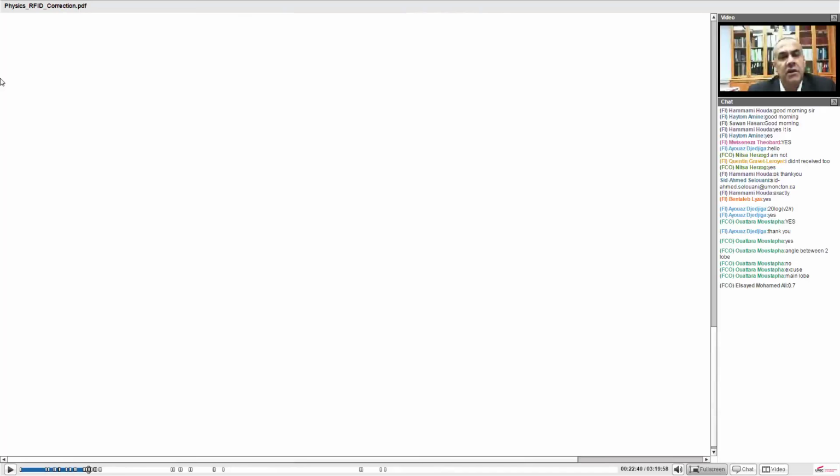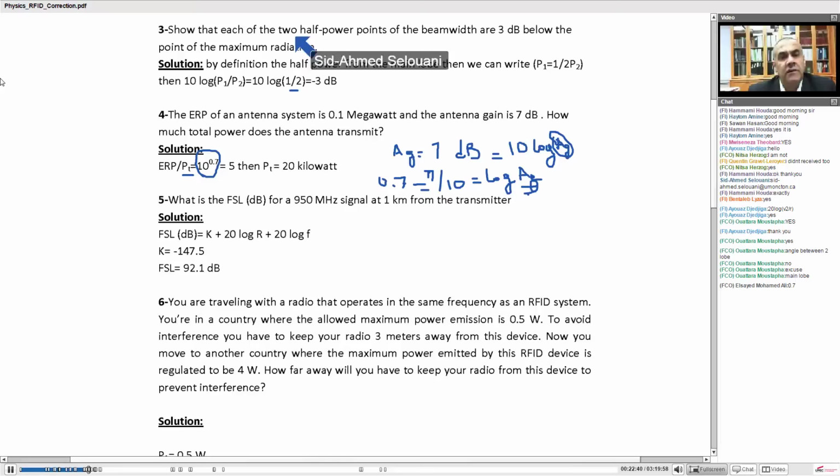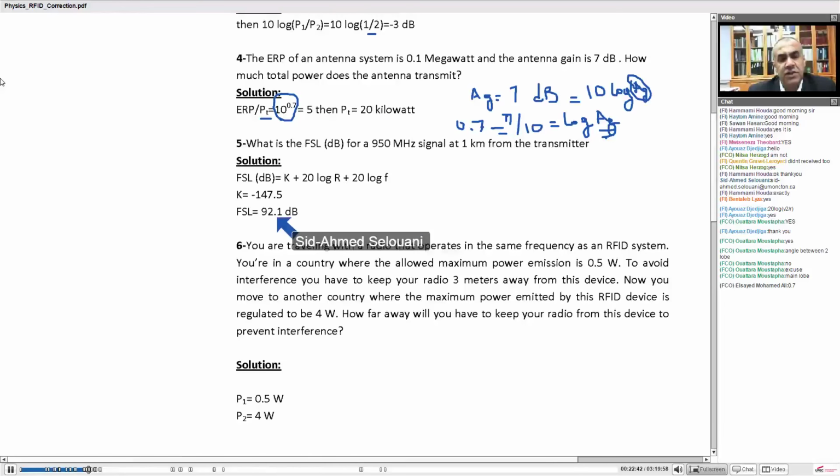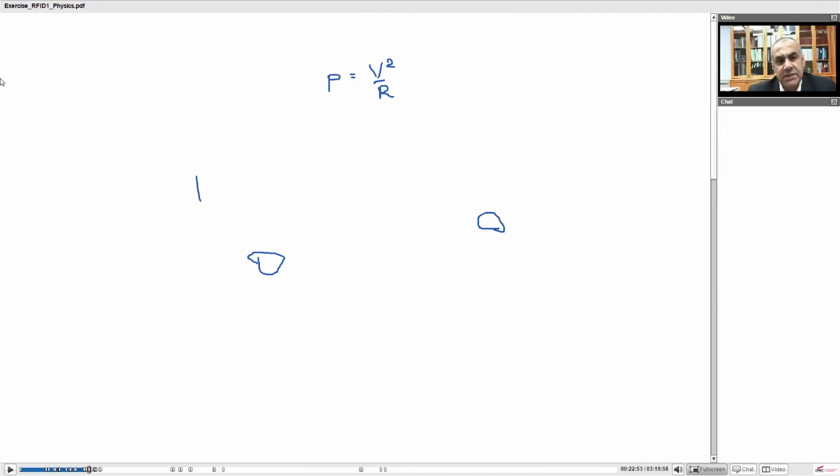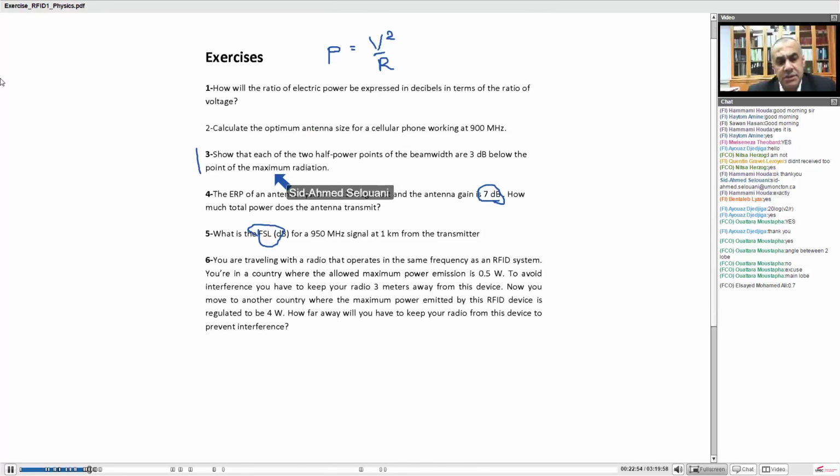So we can calculate the free space loss for this, which is 92.1 dB.